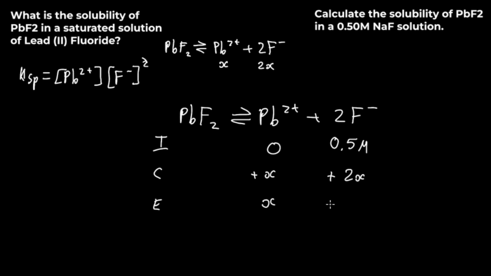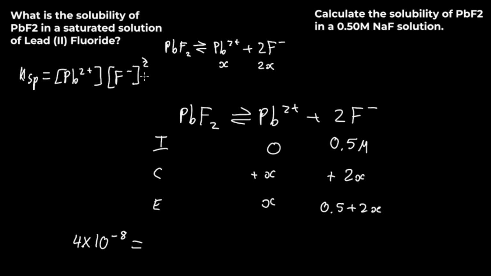So in the end we have x, and then we have 0.5 plus 2x. So we'll take the KSP, 4 times 10 to the negative 8th of the PbF2. And it's going to be this.